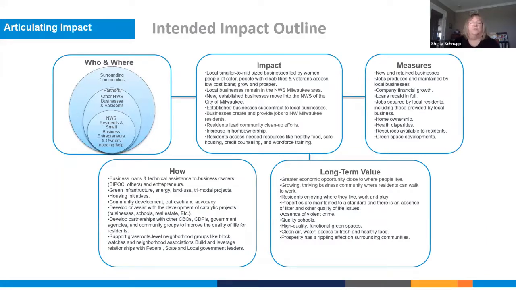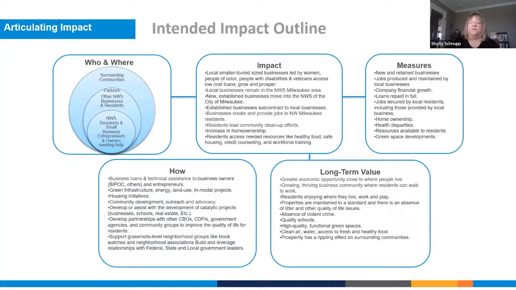Here's one tool that organizations can use to get at intended impact. We call this our intended impact outline, and it can be used as a worksheet to capture the input we talked about a moment ago, different points of view from the organization's board members or staff about the aspects of impact.